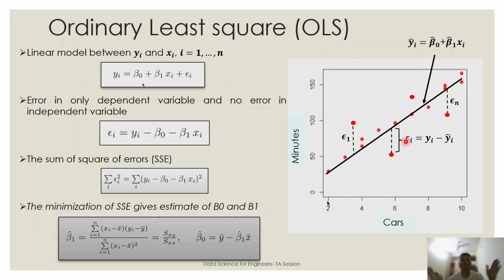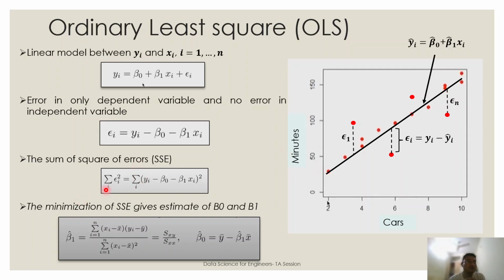If we do the summation of all those errors, here the error is positive, here the error is negative, so the negative and positive errors might cancel out your whole error and might give you zero. So it's better not to do a simple addition.